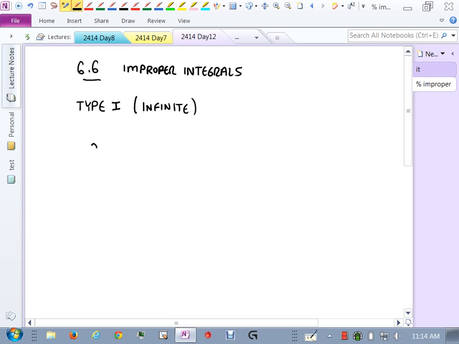You either have something like going from a to infinity, and I'm just going to write the integral, not what's inside of it, or you have something like negative infinity to a, or you might have negative infinity to infinity, right? Any of these three cases is going to be a type 1 improper integral.